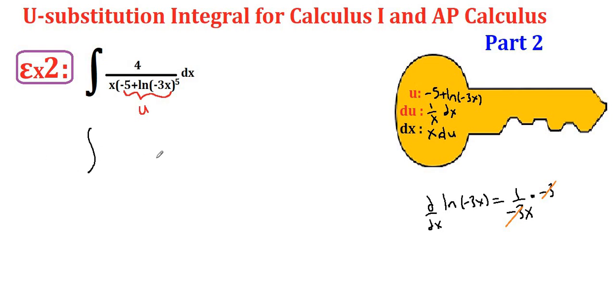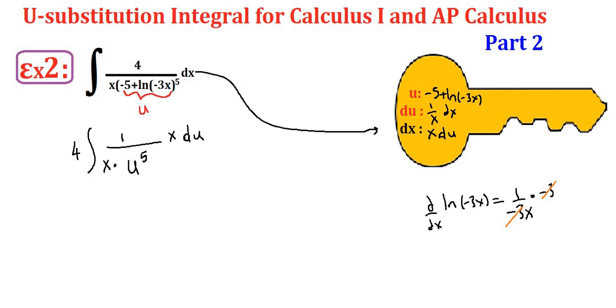Now let's rewrite everything in terms of u. We have 4 in the numerator that we can pull in front of the integral sign. We have 1 over x here. Instead of this parenthesis, we're going to call it u to the 5. And instead of the dx, we have x du. The x's cancel out.